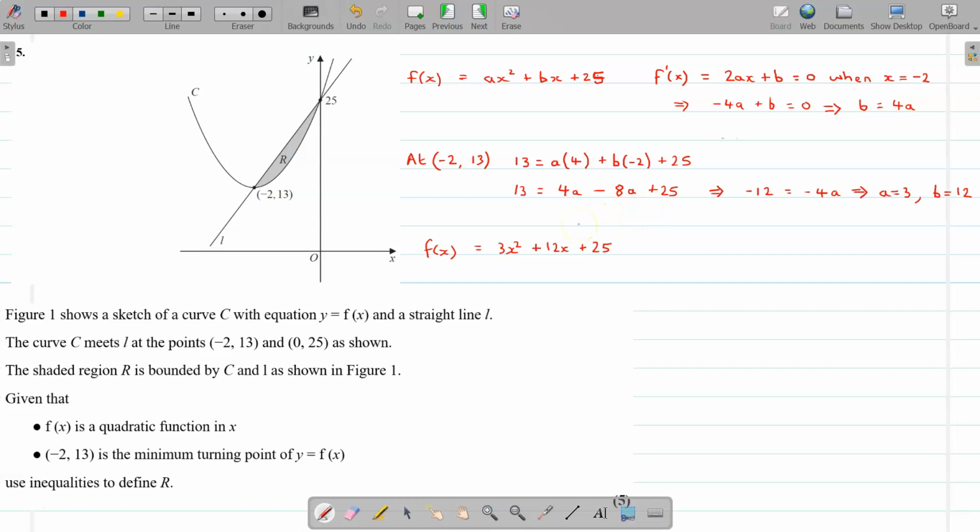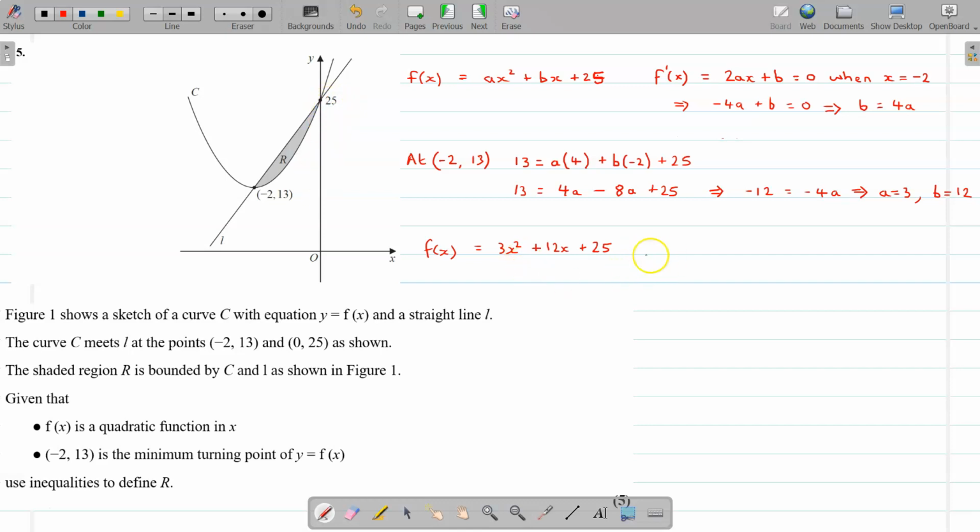And the other thing I've got to do now, I've now established what f of x is. The equation of the straight line that goes through the points 0, 25 and negative 2, 13, I can just say the gradient of that is clearly going to be 25 take away 13.